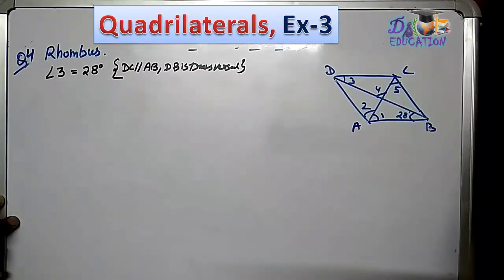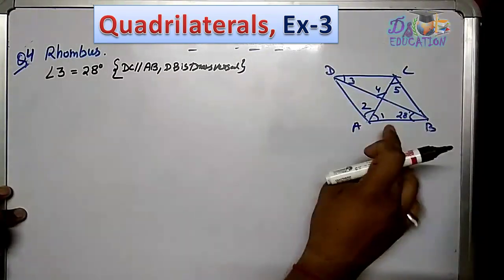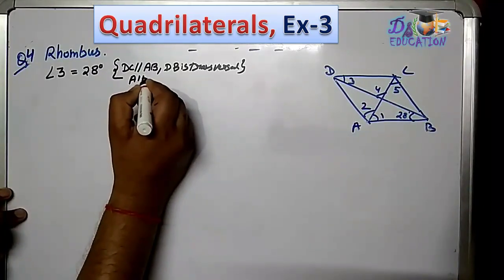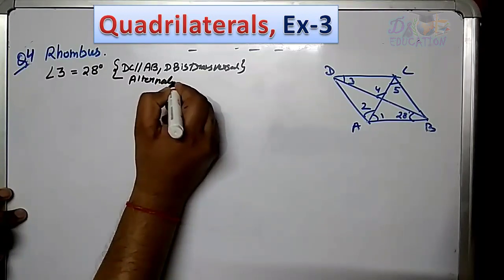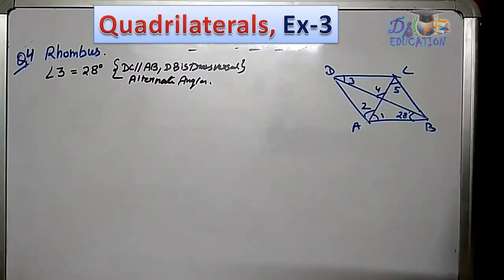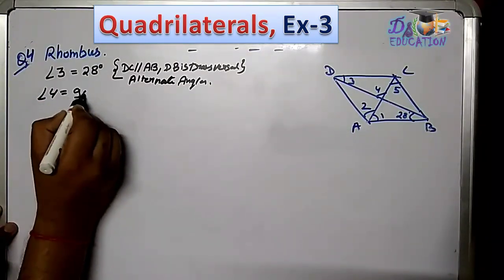We are using the parallel line theorem over here. AB and DC are parallel to each other and this is a transversal, so alternate angles are equal. Now angle 4 is equal to 90 degree.